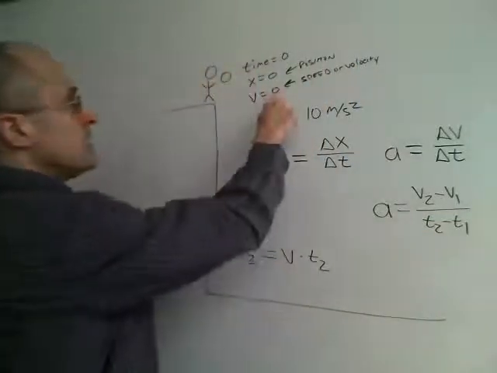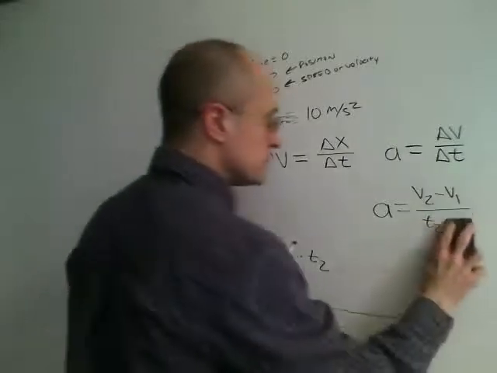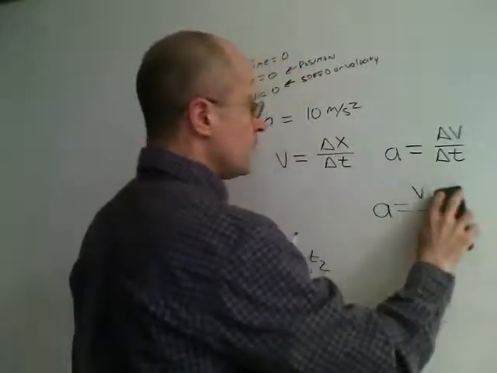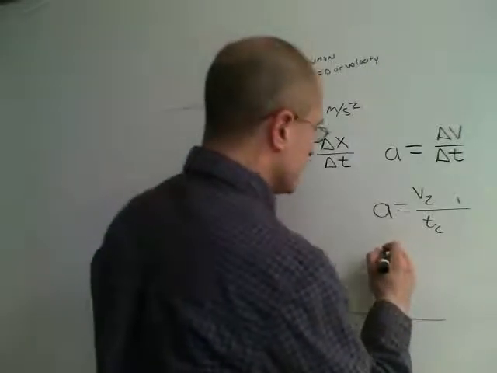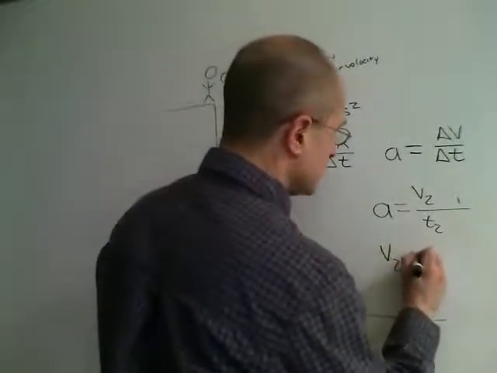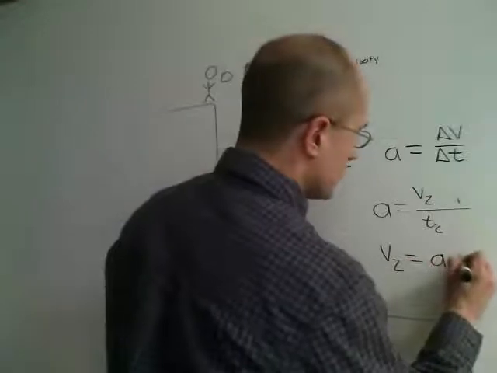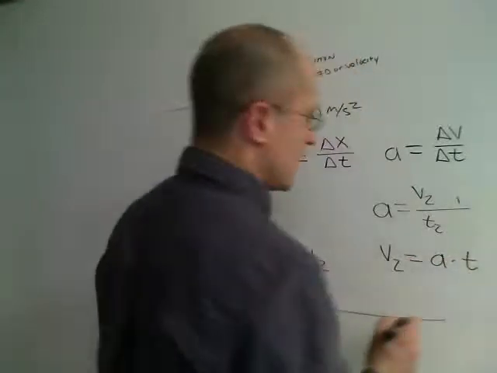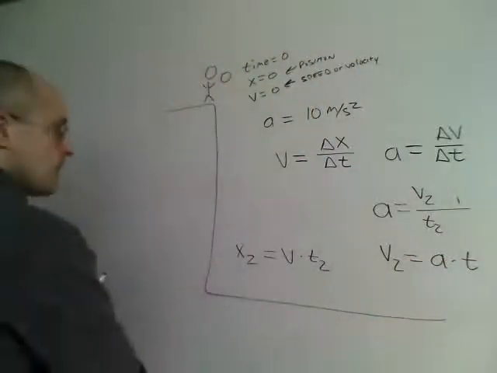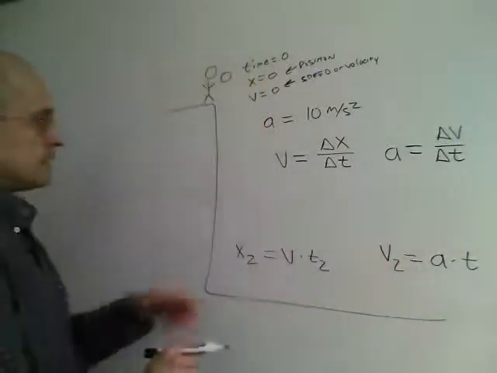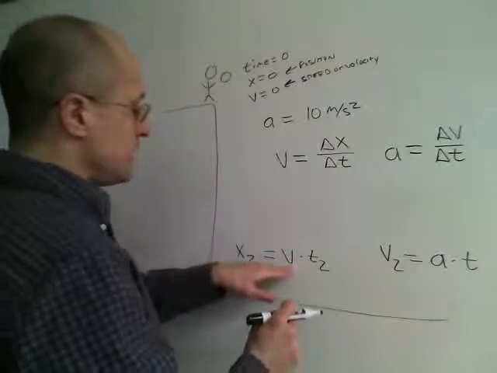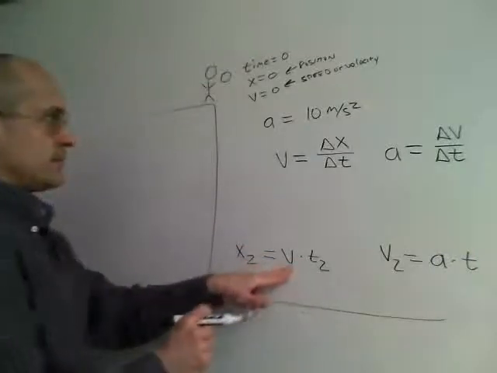But we know that t1 is 0 and v1 is 0. So what we see is that our velocity is equal to our acceleration times our time. But our velocity here isn't a constant.